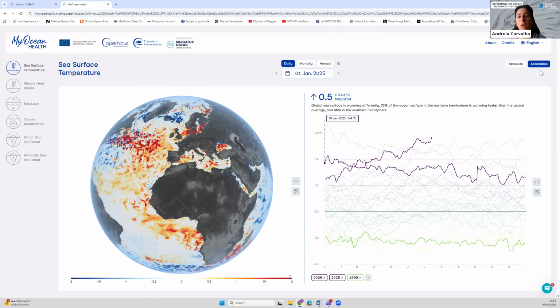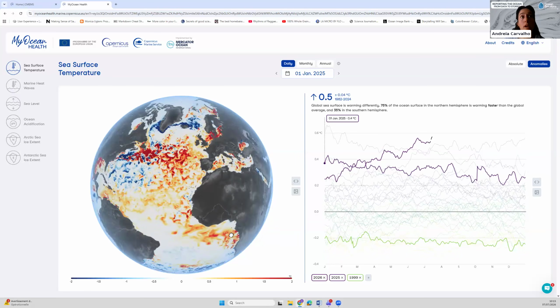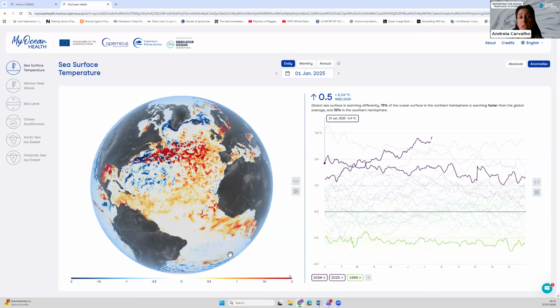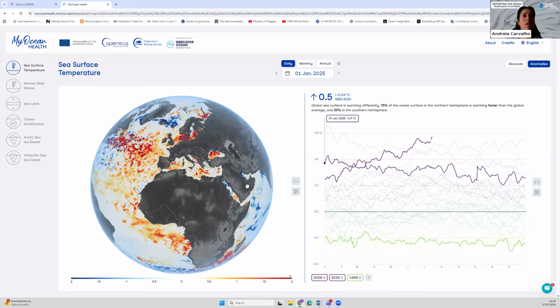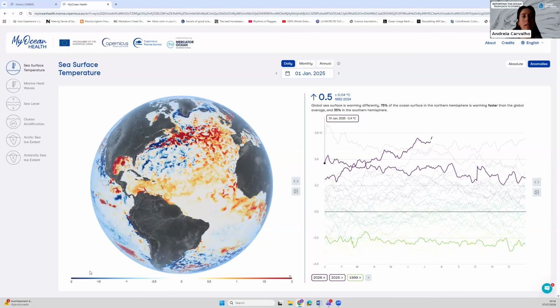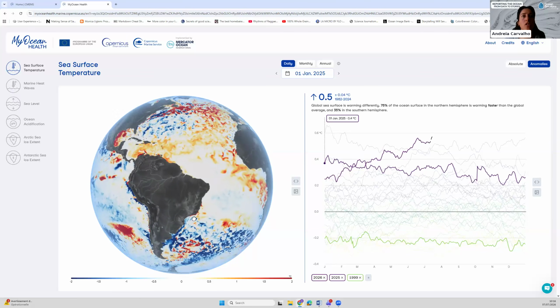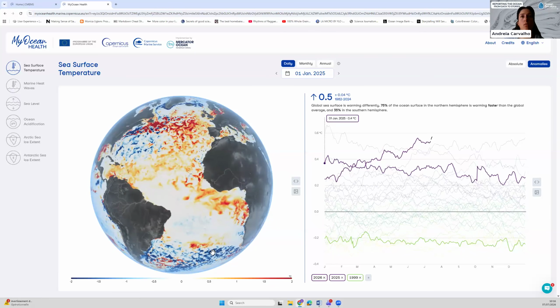Anything above or below this reference period is an anomaly. So we can see here on the globe red colors represent positive anomalies, so temperatures that are above this reference average sea surface temperature for each area of the globe. And blue, the opposite, so cold temperatures, below this reference period.